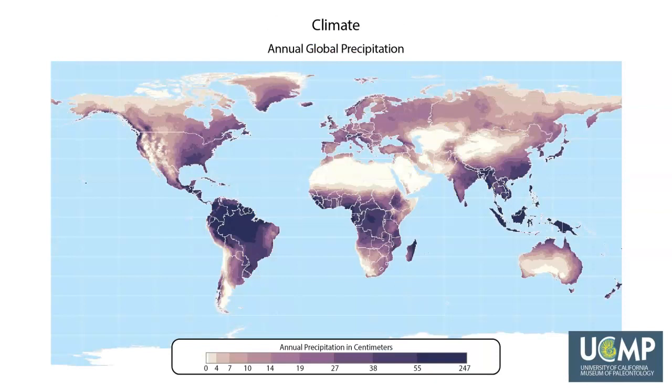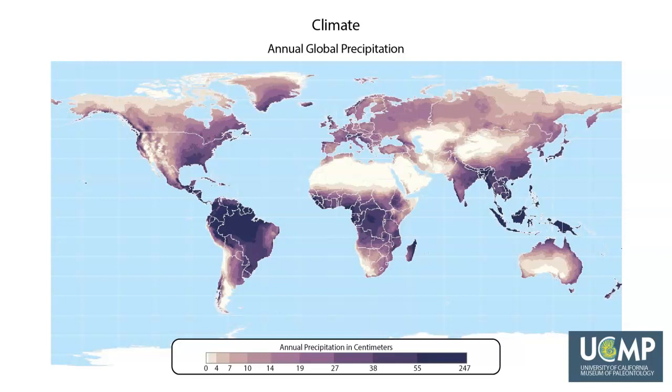A region's climate is defined by its average weather, including its seasonal variation in temperature, precipitation, wind, and clouds over long periods of time, meaning decades, centuries, millennia. So climate is long-term. Weather describes the short-term variation over hours or days or weeks. Like on your phone app, you're looking at the weather. That is not the climate.